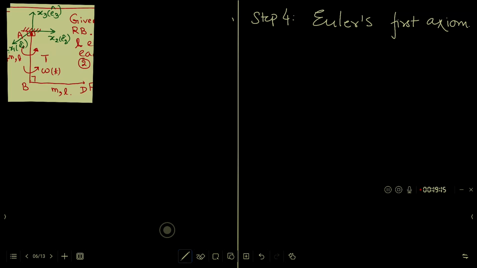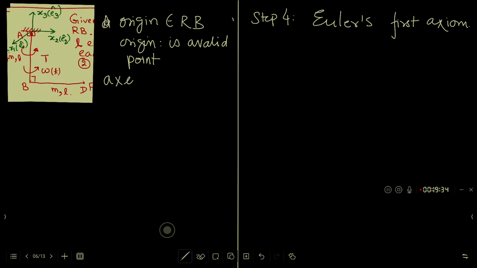So the working coordinate system origin should be fixed to RB. Origin should be a valid point. Axis must be fixed to the RB. Axis means x1 e1, x2 e2, x3 e3. These must be fixed to the RB.